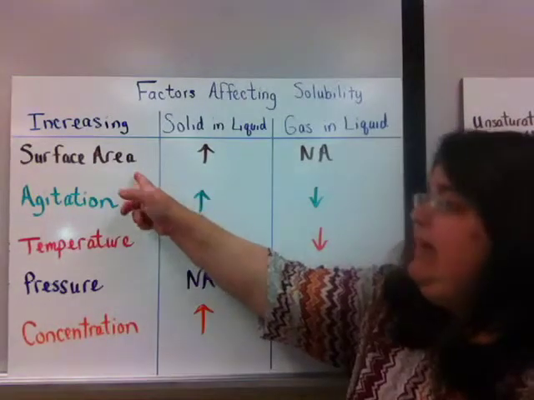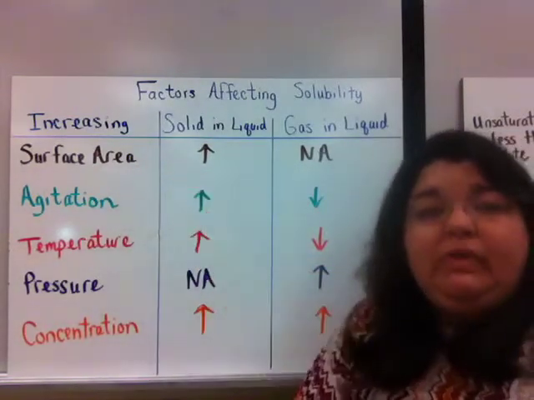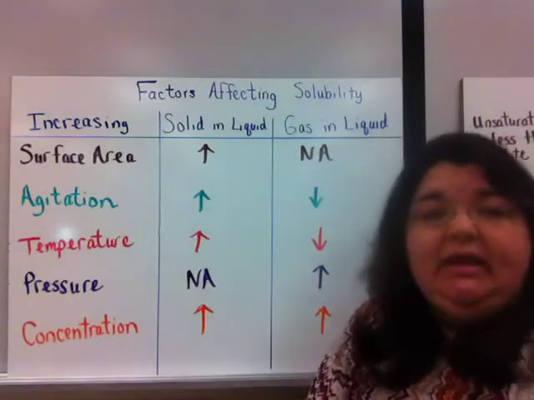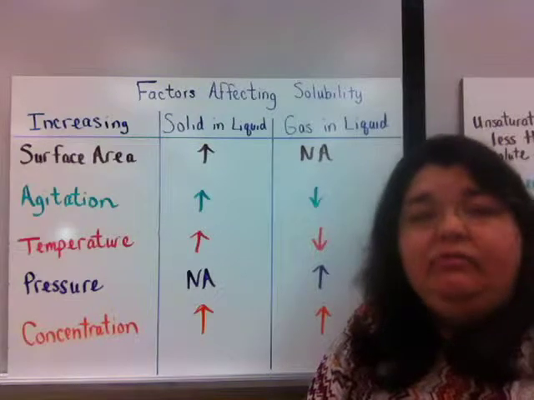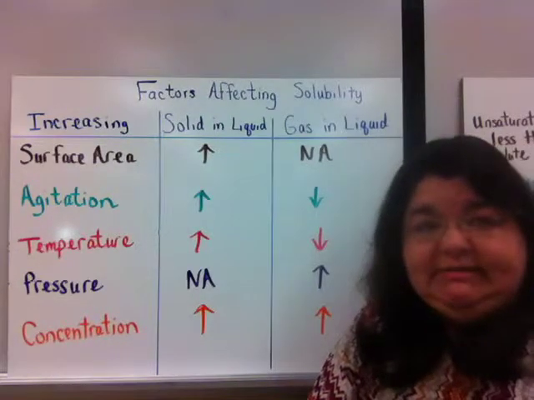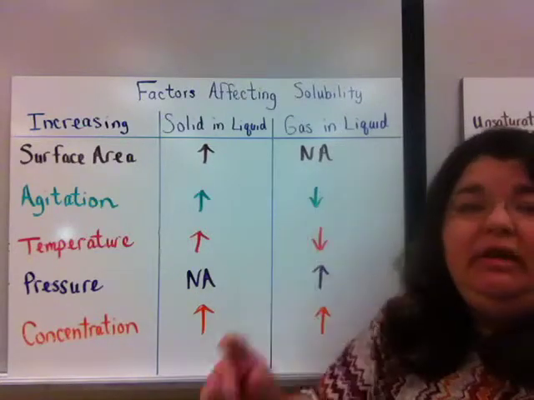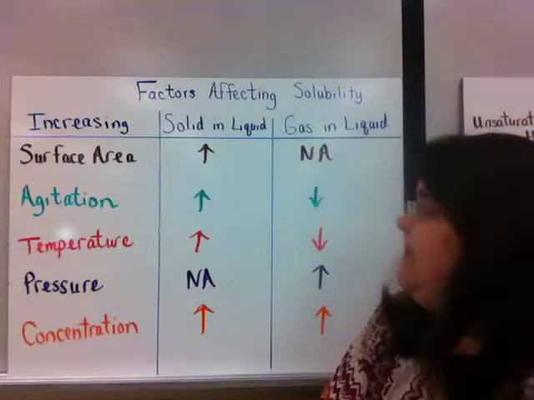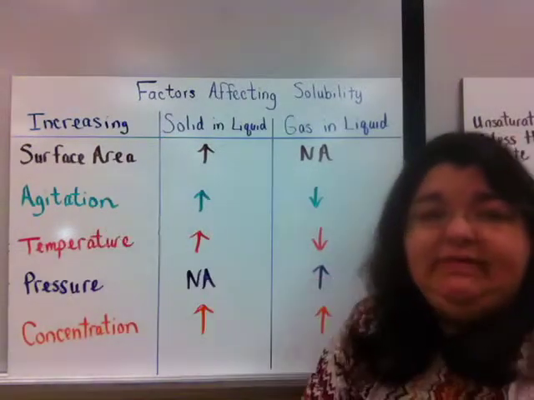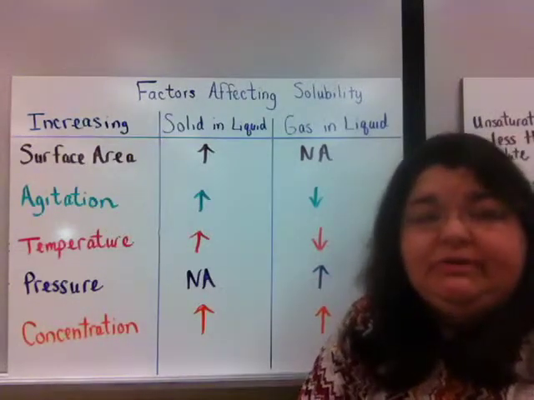So crushing the sugar or increasing the surface area will increase the solubility rate for a solid in a liquid. Now, you can't crush a gas, so there's no effect here, okay?